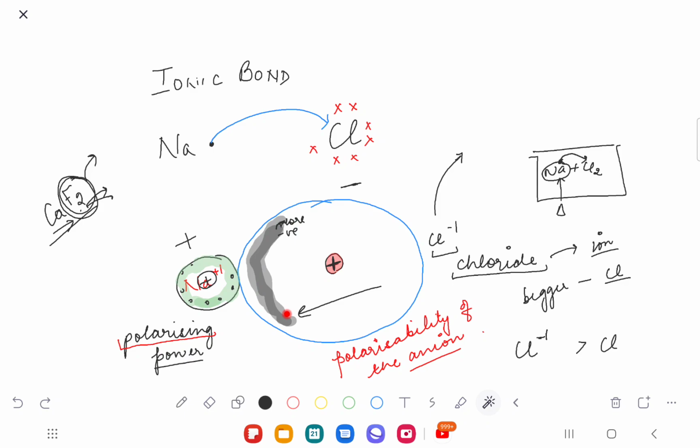They have a partial covalent character too. So what does Fajan's rule state? Now tell me. So Fajan's rule basically talks about what? Yeah, it talks about the polarizing power of the cation.